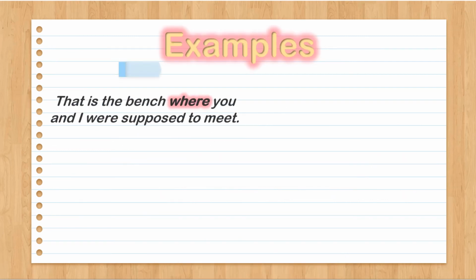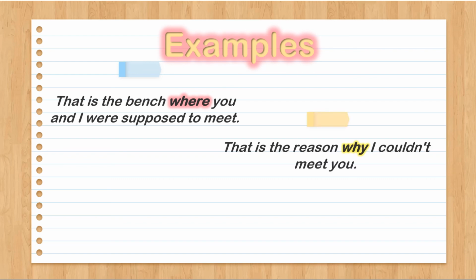That is the bench where you and I were supposed to meet. That is the bench, right? That is the independent clause, and where you and I were supposed to meet is the dependent one. You are joining them with a relative adverb, where, right?